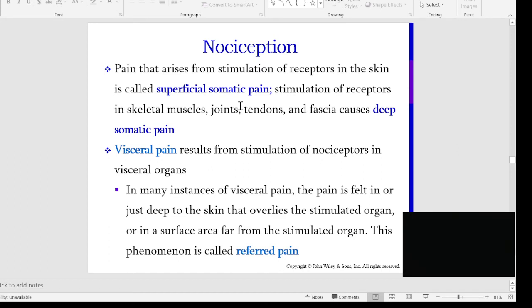Visceral pain, gikan sa internal organs. And also referred pain. So, referred pain, you feel pain in a certain area, pero actually, ang injured area is away from that. Now, let's take for example, kung naay problema sa heart, no?